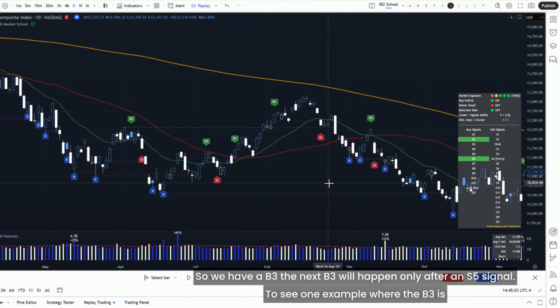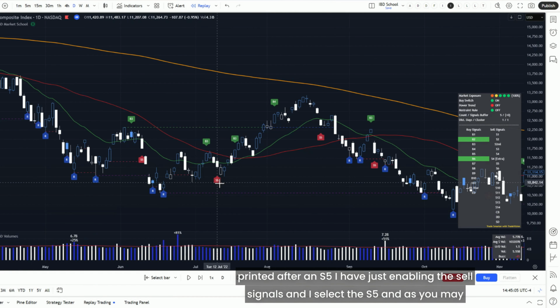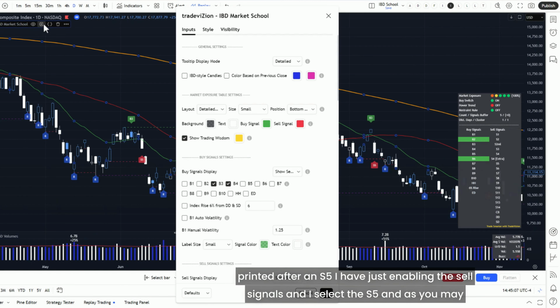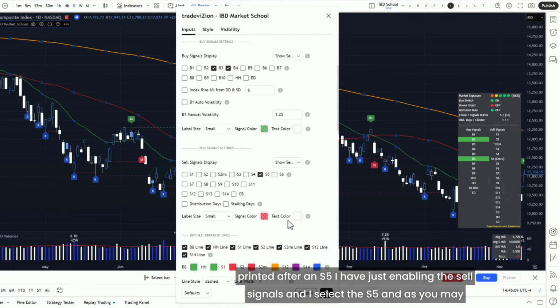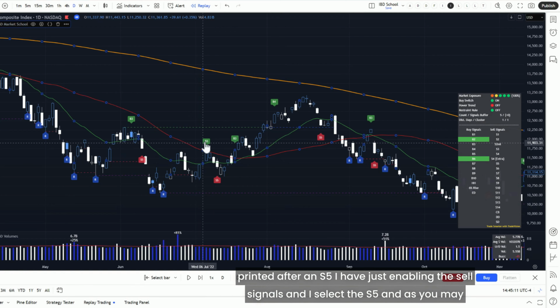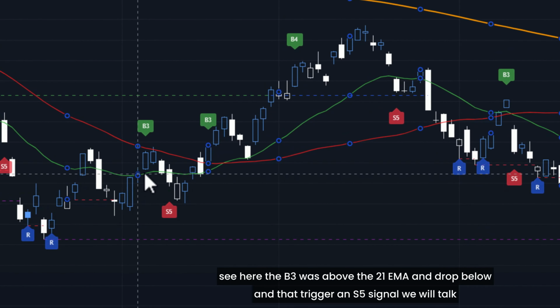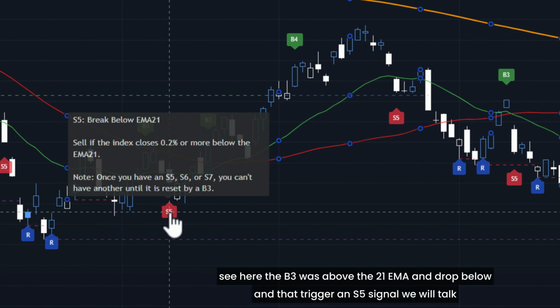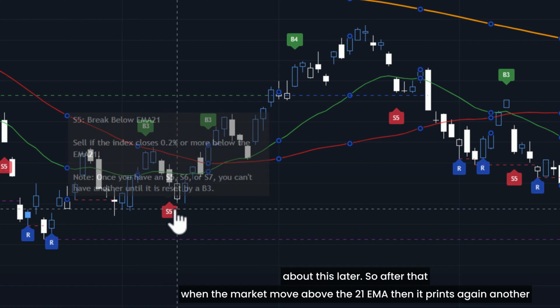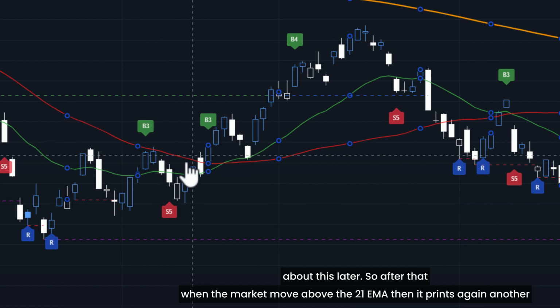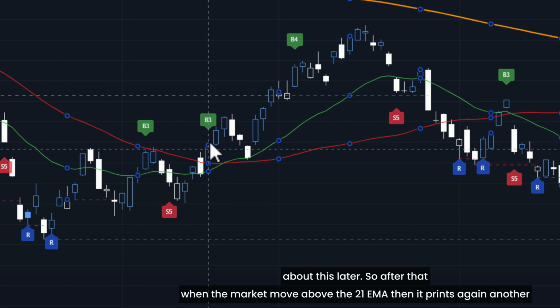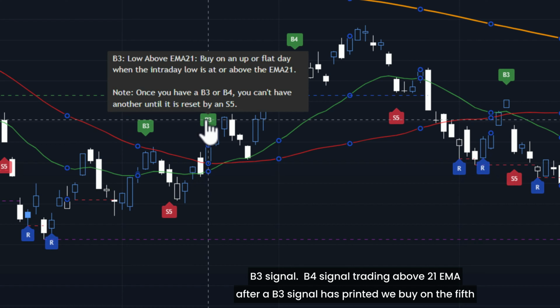To see one example where the B3 is printed after an S5, I have just enabled the sell signals and I select the S5, and as you may see here, the B3 was above the 21 EMA, then dropped below, and that triggered an S5 signal. We will talk about this later. So after that, when the market moves above the 21 EMA, then it prints again another B3 signal.